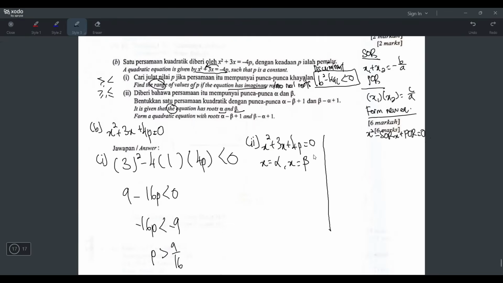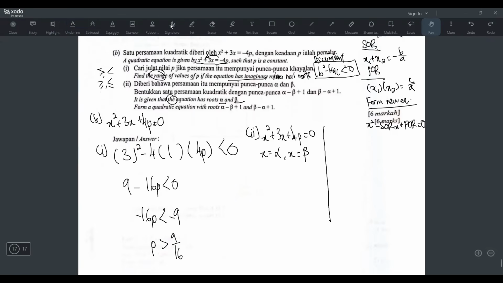When you are trying to form a new equation, you will not have the a, b and c, because you are forming the new equation. You only need the x1 and x2, because if you have that, it's enough. I will explain using the question.